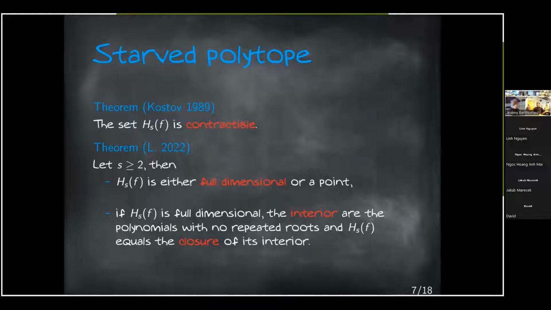So it's one or the other. And you can show that if it is full dimensional, then as we saw, the interior consists of the polynomials with no repeated roots. And the set is equal to the closure of its interior. So it's a fairly nice set. It's compact, contractible, closure of its interior. It's a very well-behaved set.